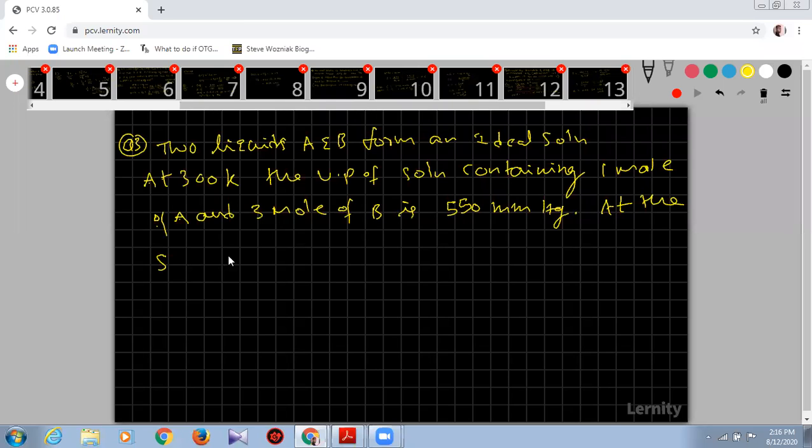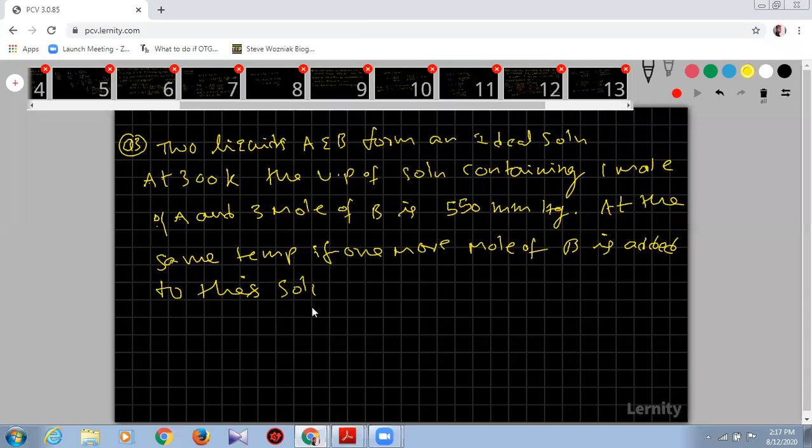At the same temperature, if one more mole of B is added to this solution, the vapor pressure of solution increases by 10 mm mercury.